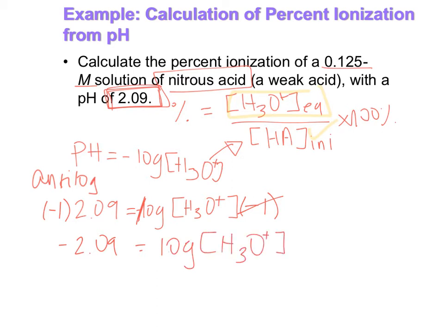To take away that log, we need to raise both sides to 10. Whatever numbers you have, you take those and put them as the exponents for 10. So on this side, we also raise it to 10. Raising 10 to this entire value and this entire value will cancel the log out.